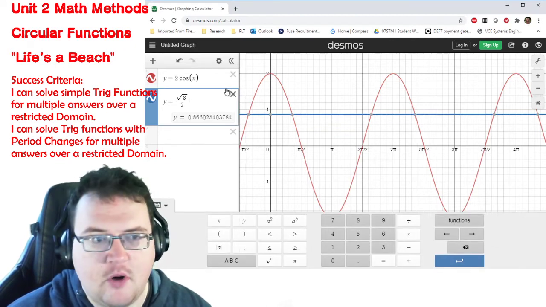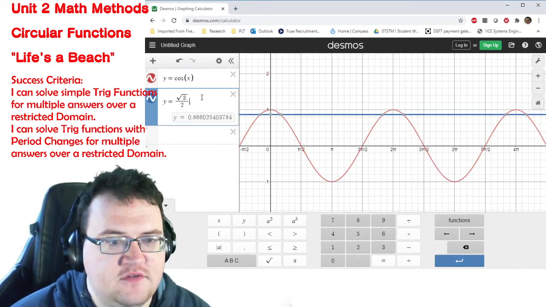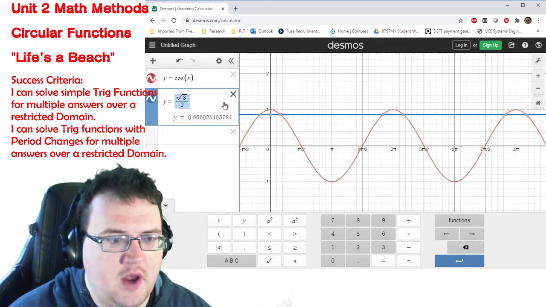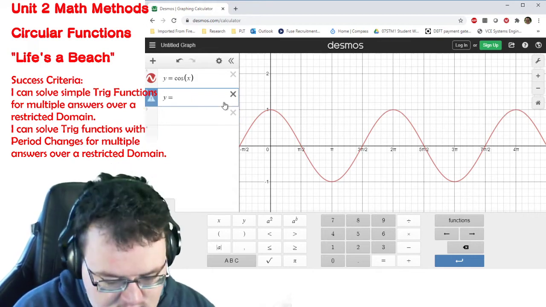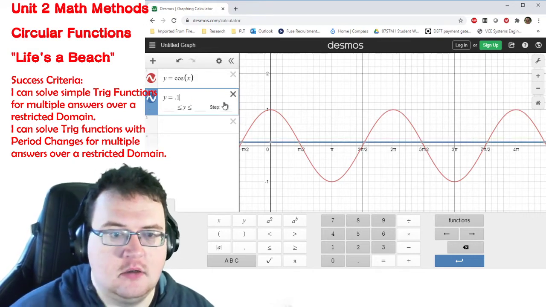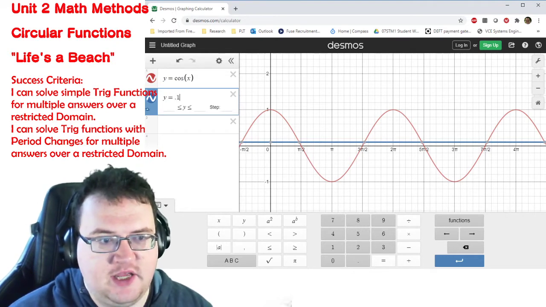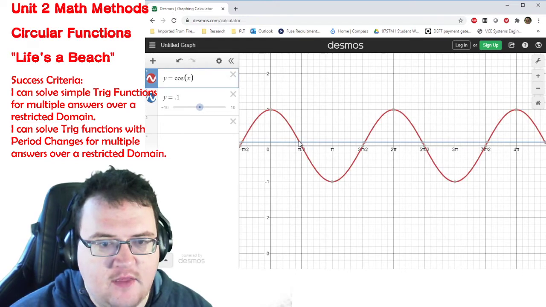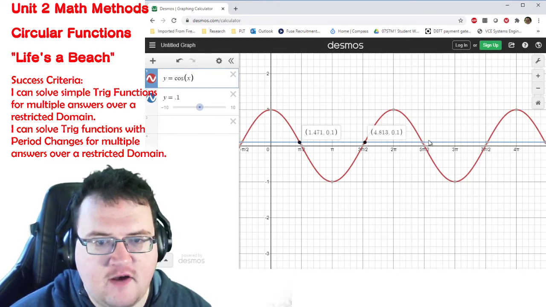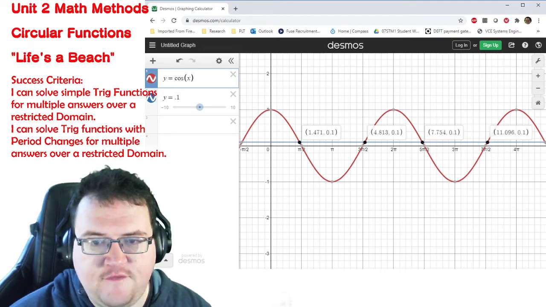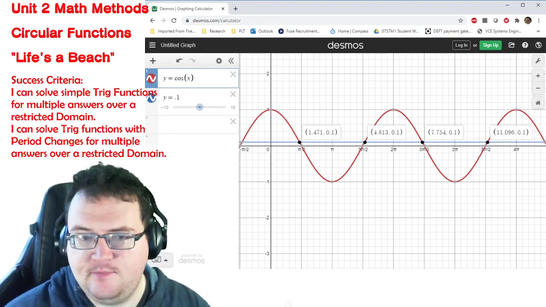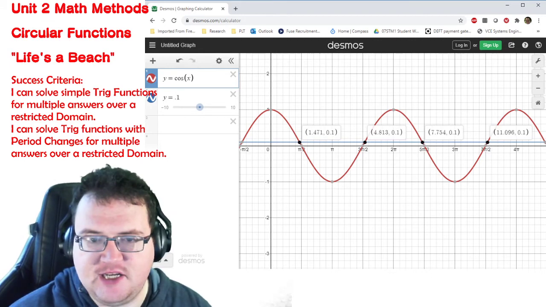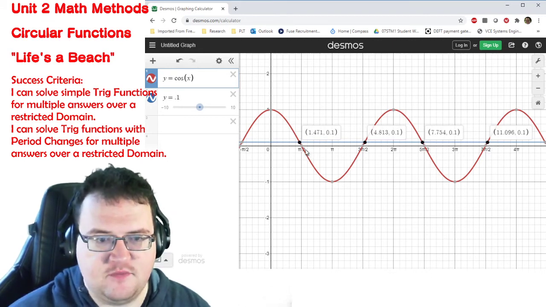And again, the same principle happens if, instead of changing that, we change this to a number that is not nice and neat. So for example here, this is 0.1, y equals 0.1. Now, it's not going to have a nice clean answer. However, if you can find the first answer, you can use your symmetry properties to figure out the rest from there.